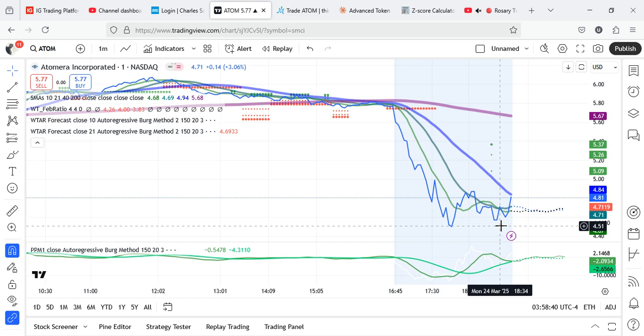So if you use that difference, multiply it by the 1.618 Fibonacci extension level, you get an upper projection of $7.2. And then if you multiply again with the 2.618 Fibonacci extension level, you get 8.49.